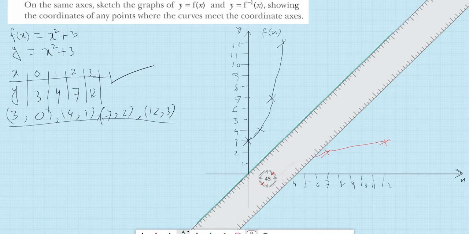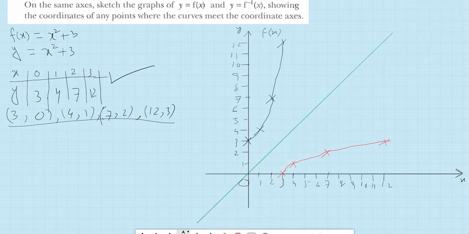This is the mirror line. Now, this is a 100% correct graph. And this red line is the inverse. This is f inverse of x. But I am telling you that my graph is not good, not a very good curve.